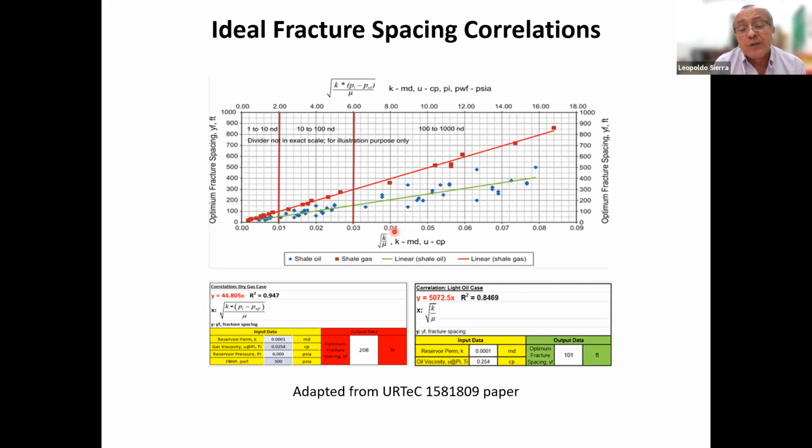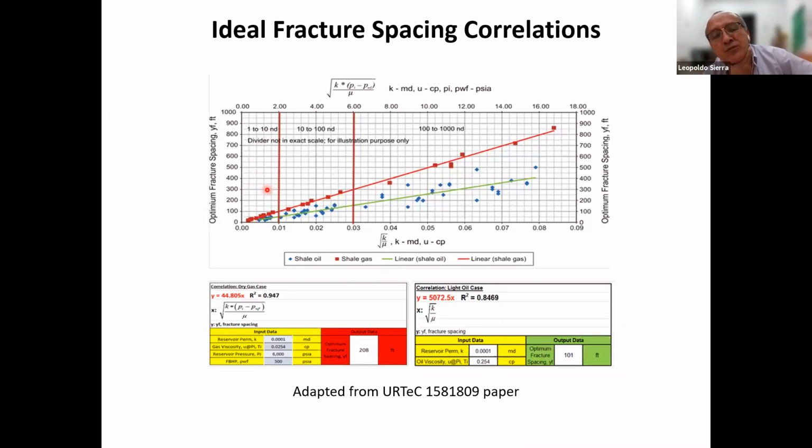And so we know that the square root of mobility for liquid hydrocarbon is going to give you the value to use this correlation. So knowing the square root of the mobility for oil, we're going to be able to easily calculate the ideal fracture spacing.